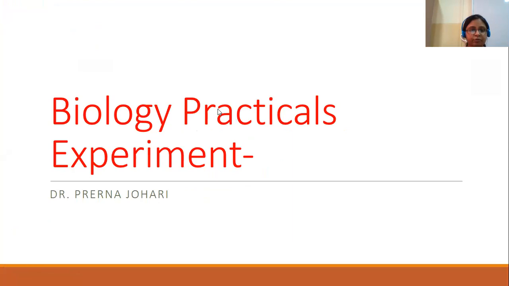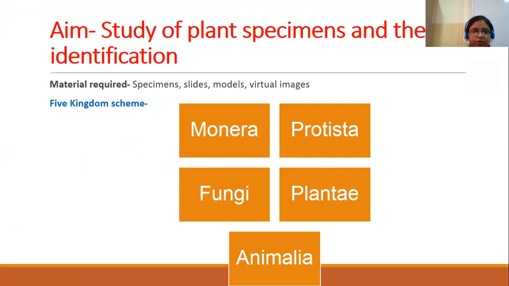The same topic we have covered in the theory also. So now here comes the practical based on that theory that we have done in our regular classes. The aim of today's experiment is to study the plant specimens and their identification. After their identification, we have to comment upon that.